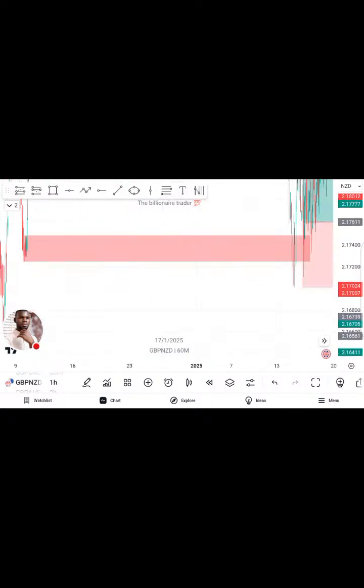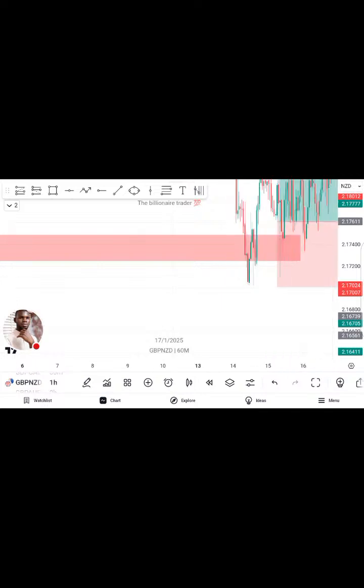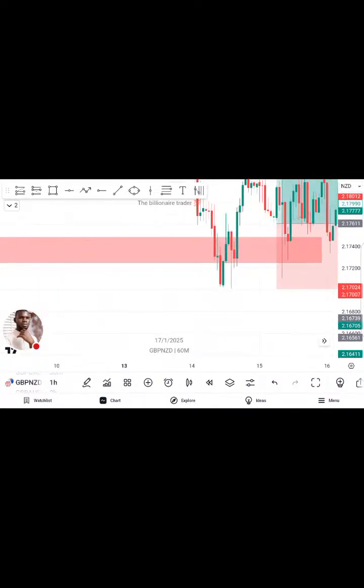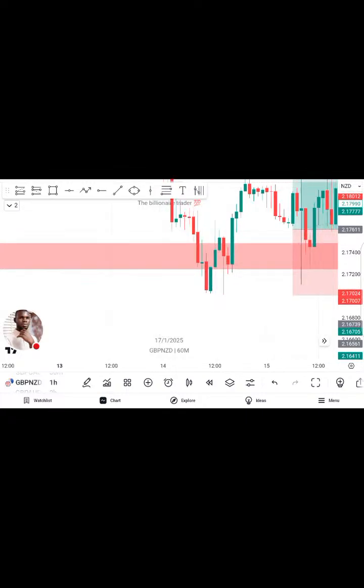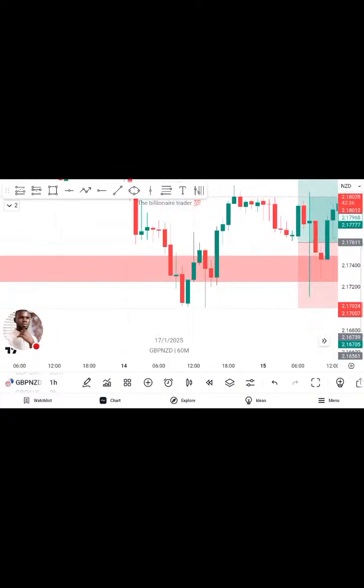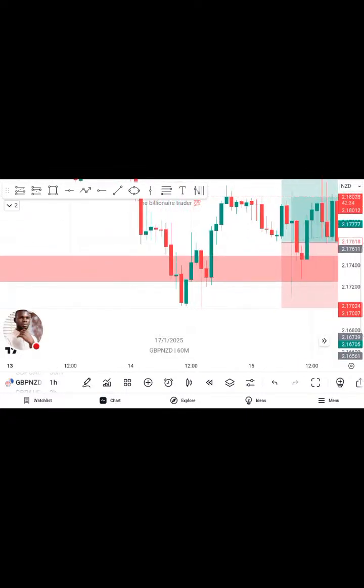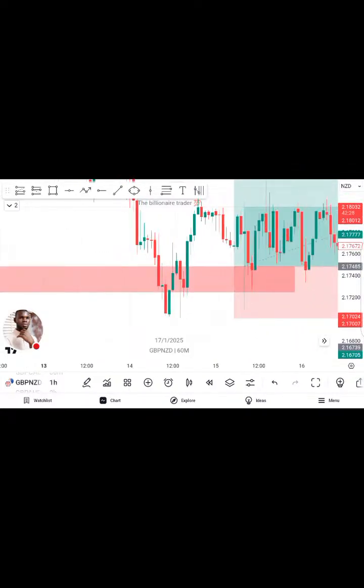aggressively, as you can see, the invalidation, then we have price reversing aggressively as well, such that we have an FVG around that area. It's expected that price will come back to that area for mitigation and continue to follow the actual direction.